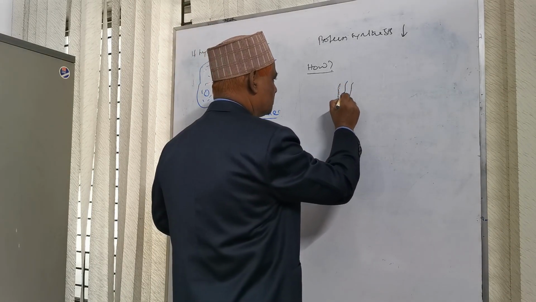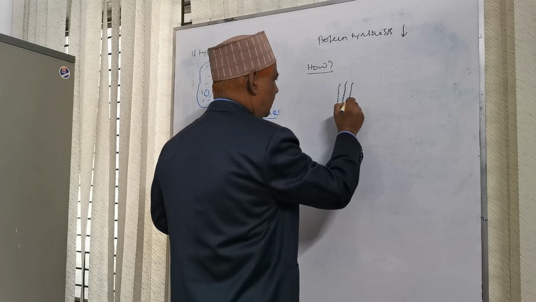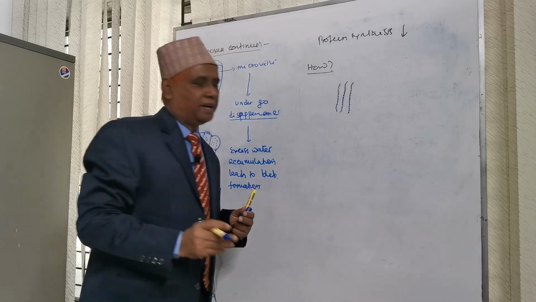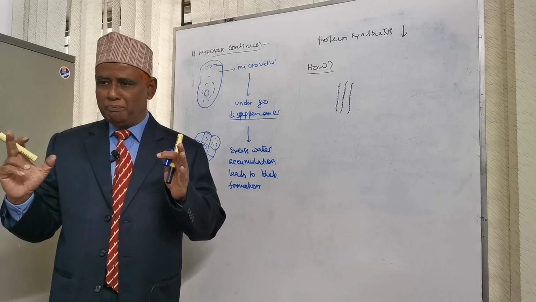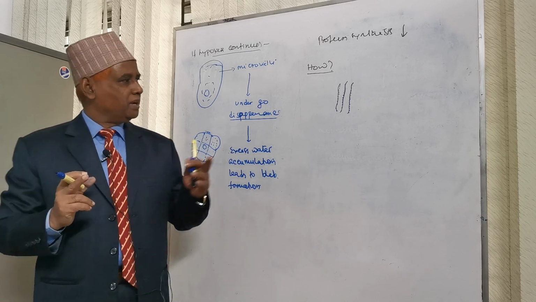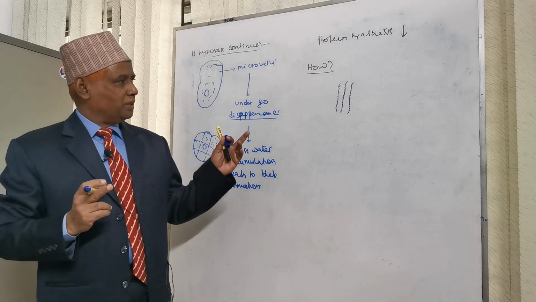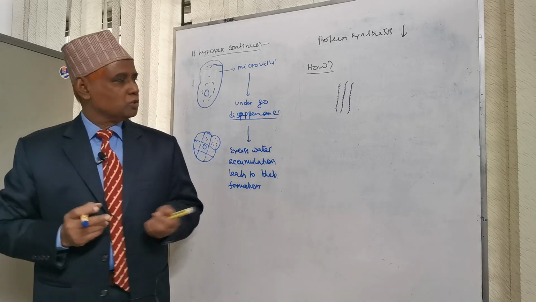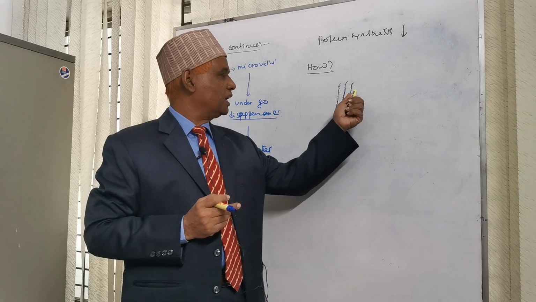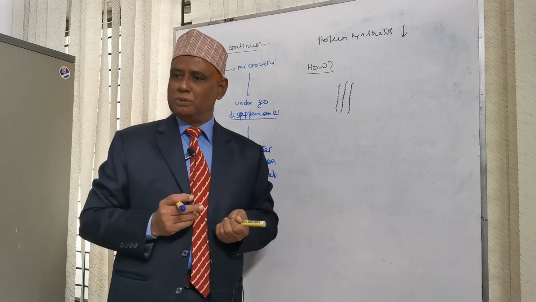We know the ribosomes remain attached to the rough endoplasmic reticulum with the help of energy, and that energy comes from ATP. So ATP is associated with the attachment of the ribosome with the rough endoplasmic reticulum.